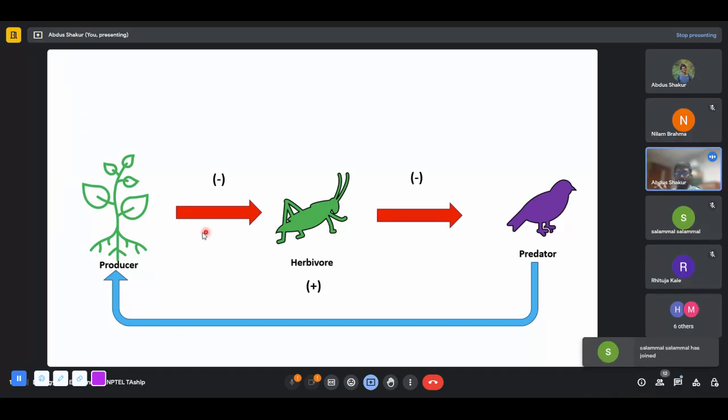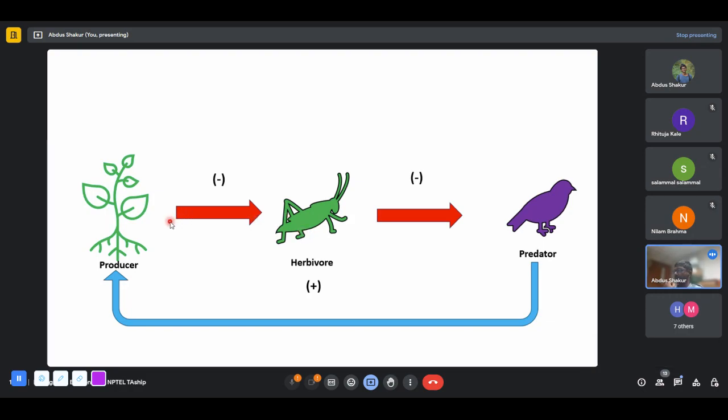Directly, the producer is getting negatively affected by the herbivore, because it is getting eaten up, and similarly, this herbivore is getting eaten up by the predator. So by eating this herbivore, the bird is indirectly having a positive effect on the plant, because the more herbivores the bird eats, the less the herbivores feed on producers. So that's how it can have an indirect positive impact on the producers.